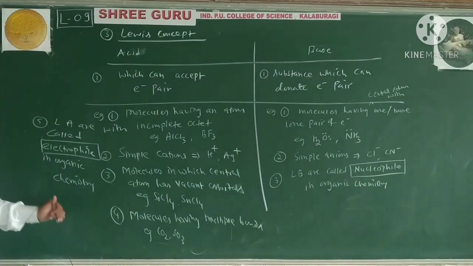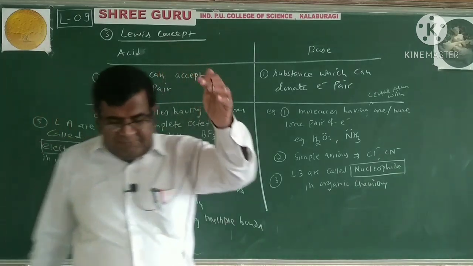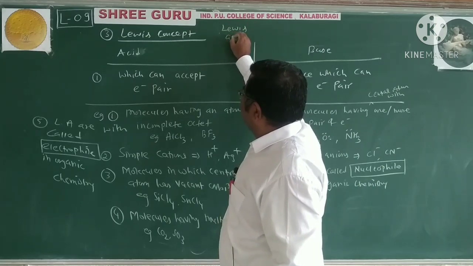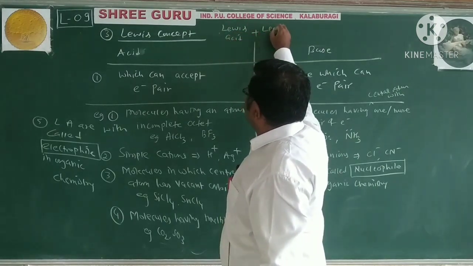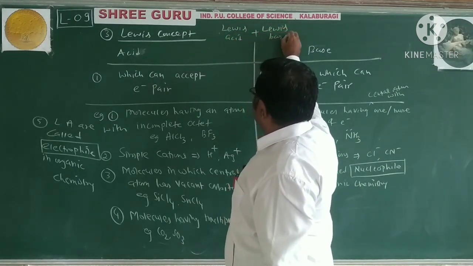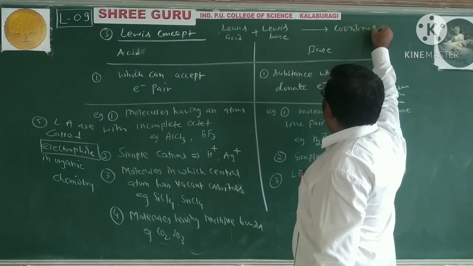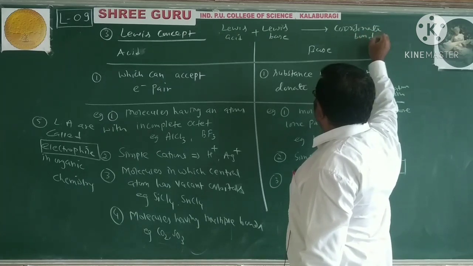And Lewis acid and Lewis base, when they combine, they form coordinate bond. We have learned this in chemical bonding.